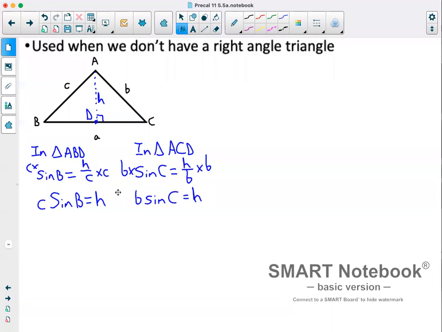Now, because both of these are equal to H, that means they equal each other. So this gives us C sine of B is equal to B sine of C. Now we'll gradually rearrange this to get the same letters on the same side. So divide both sides by B. That will cancel out the B's on this side.